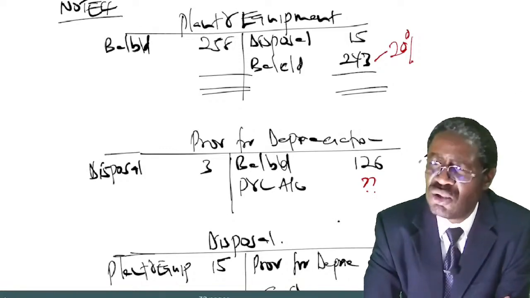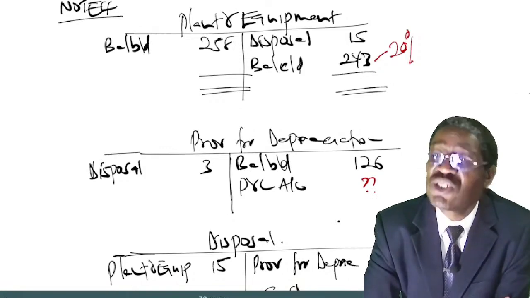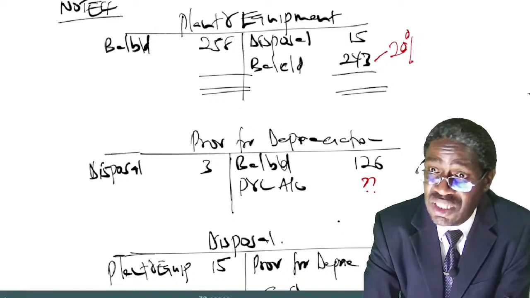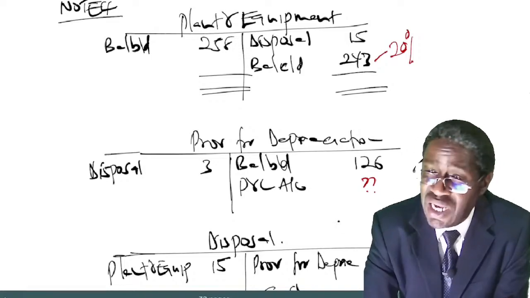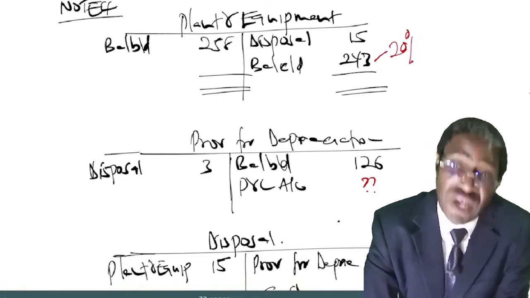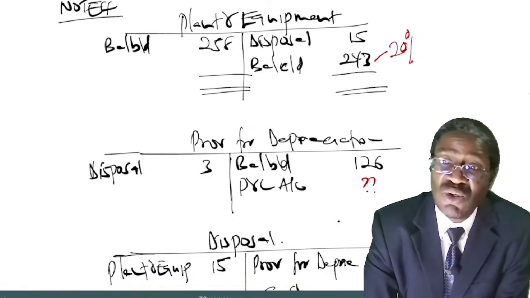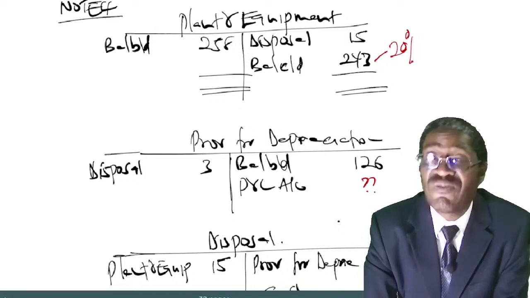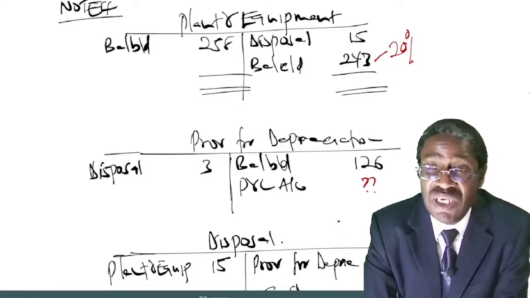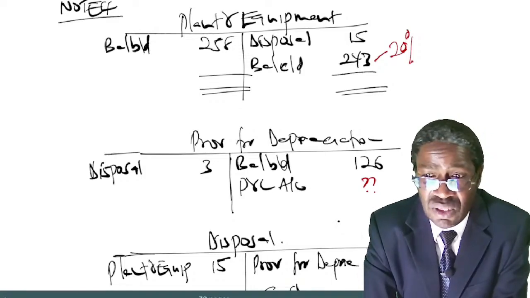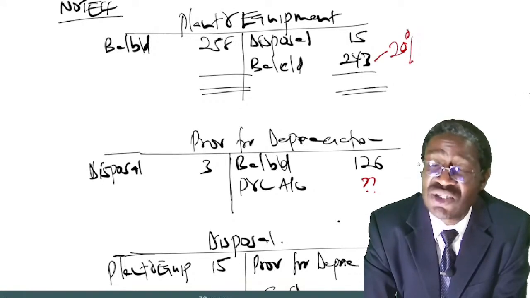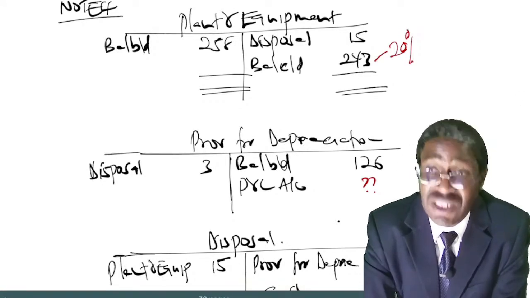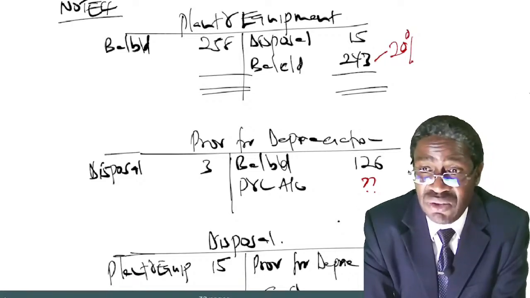If the question told us that we are using straight line method, then you know straight line method says you apply a percentage on the cost. So I would have taken 20% of the 243 to be the charge for the year. But this time, the examiner is not asking you to use the straight line method, is asking us to use reducing balance method.